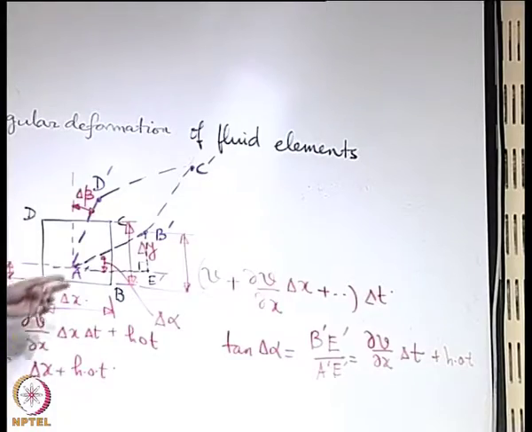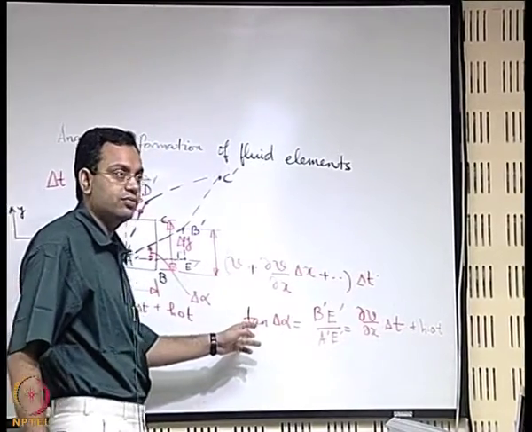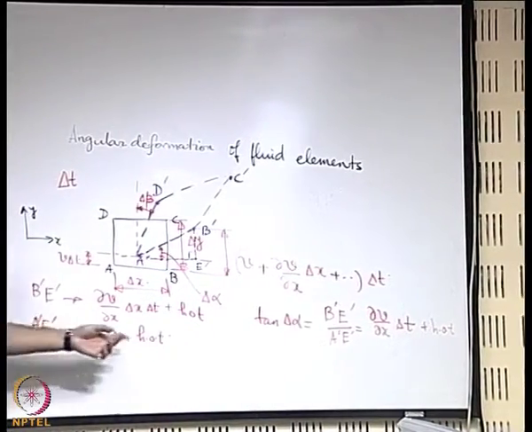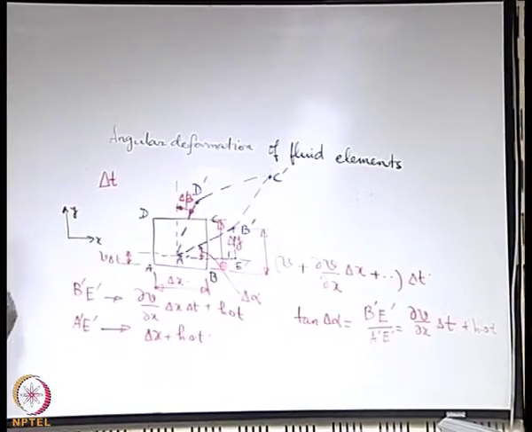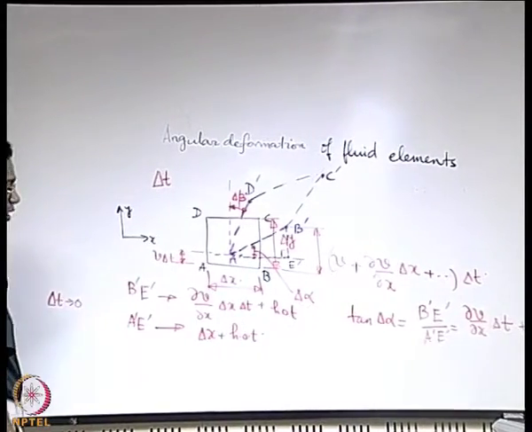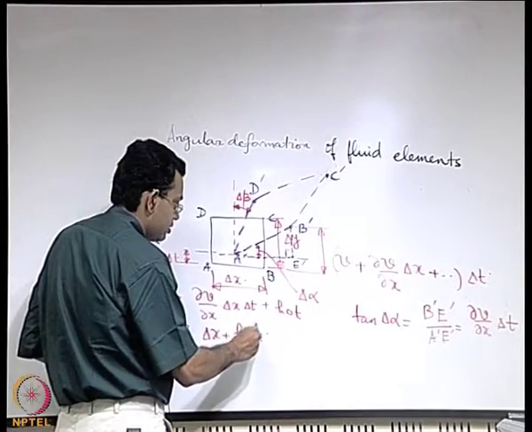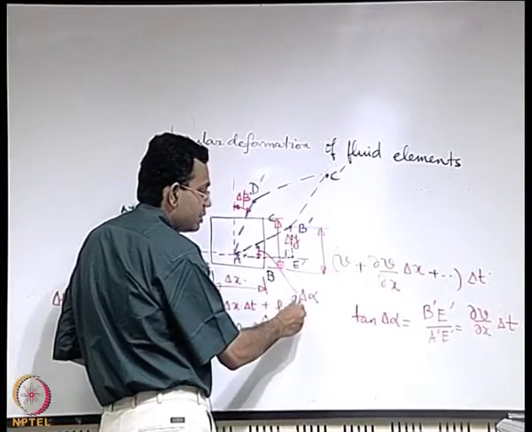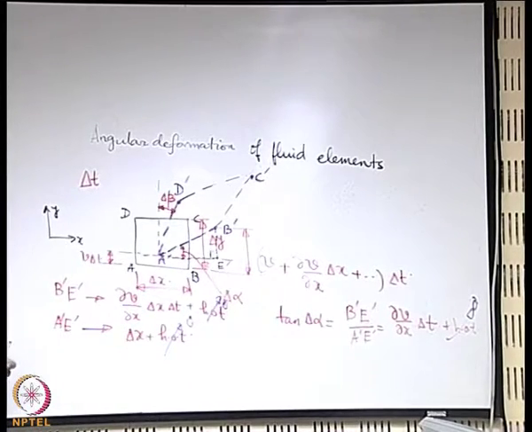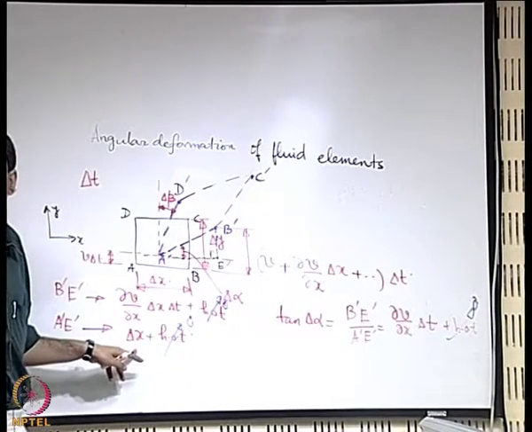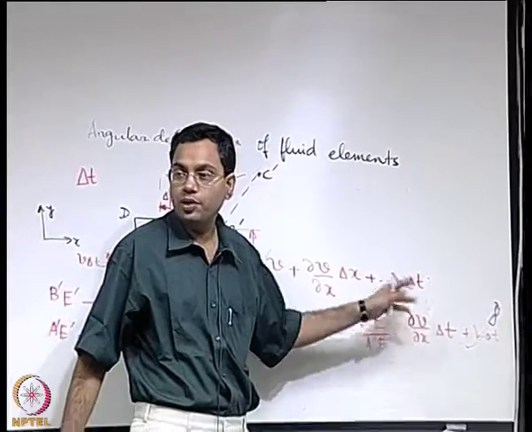The delta x from the numerator and denominator has got cancelled out. Remember, we are taking the limit as delta t tends to 0. When you take the limit as delta t tends to 0, each of these higher order terms tends to 0. So, effectively in the denominator you are left with only delta x, in the numerator you are left with only this term, other terms are vanishingly small in comparison to this dominant term.